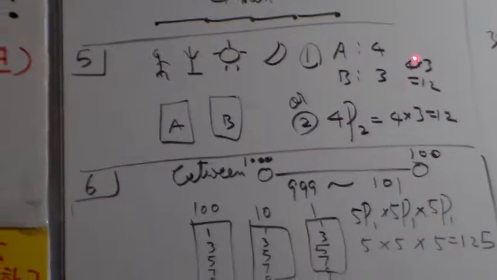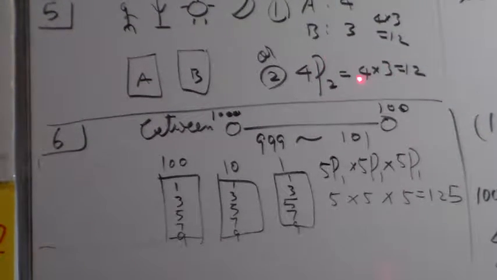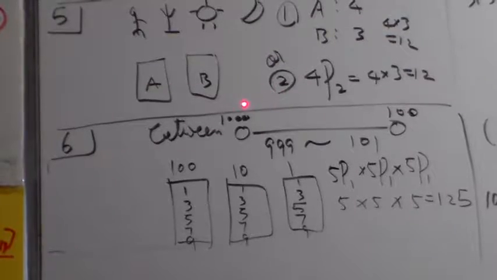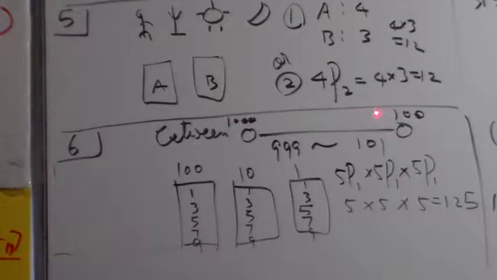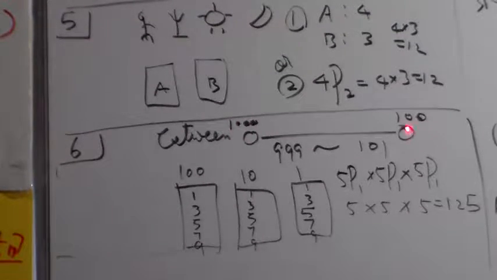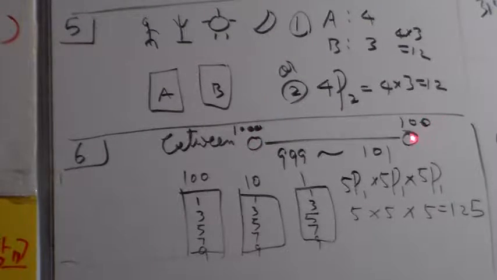Now, why do I insist on permutation? This one is also the same as the basic including and excluding numbers. So between 1000 and 100, that means 1000 excluded and 100 excluded, right?